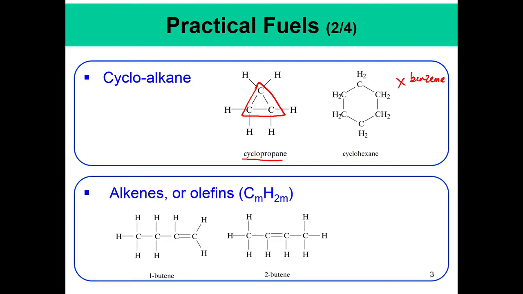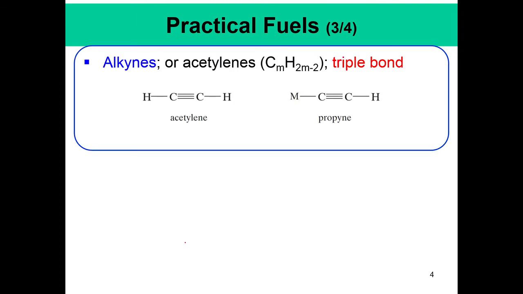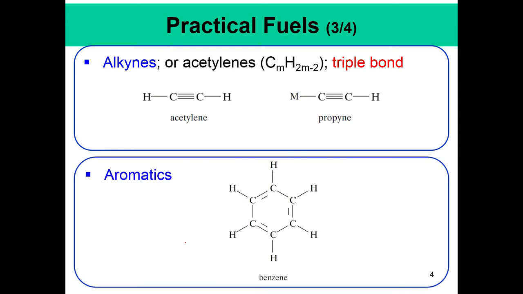Okay. And then you can have alkenes, which are represented by a double bond, CmH2m, such as 2-butene, and alkynes essentially involving triple bonds, such as propyne. Of course, you can have aromatics, like benzene, which has double bonds at alternate locations and gives cyclic structures.